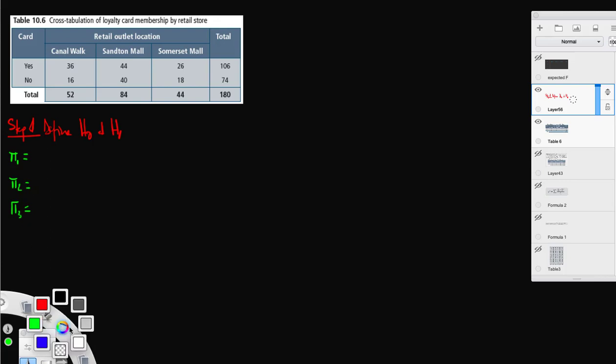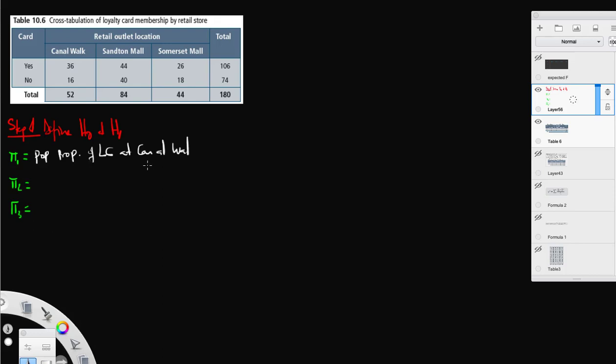Proportion 1 will be the population proportion of loyalty card members at the Canal Walk store, the same thing for the Sandton Mall, and the last one the same thing but for the Somerset Mall.